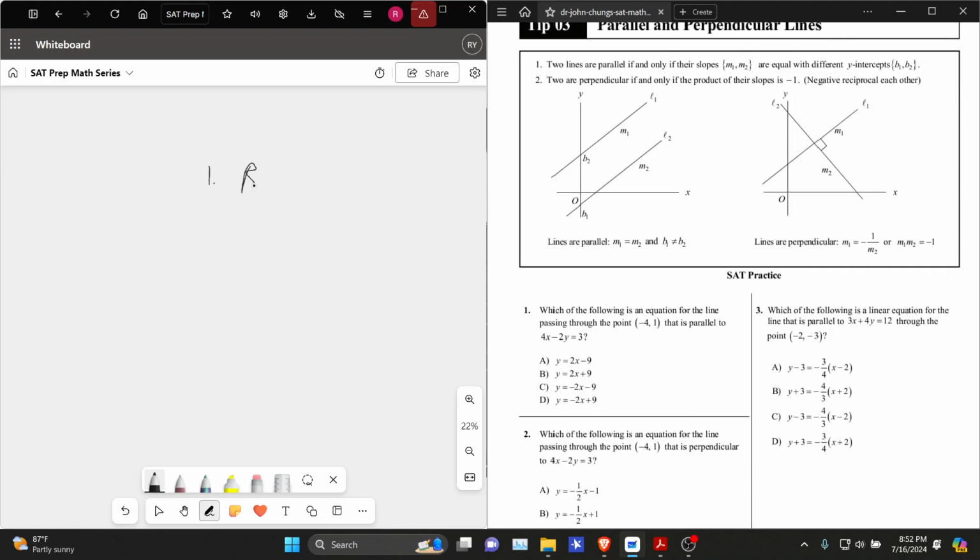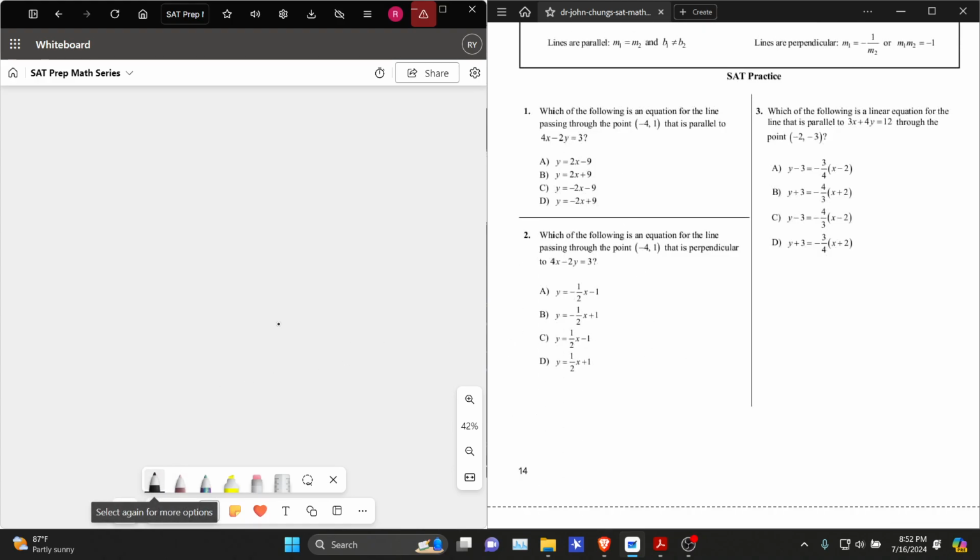Good. Let's move on to question 2. Which of the following is an equation for a line passing through the point (-4, 1) that is perpendicular to the line that we just found? We can do the same thing, since it's the same equation, and we did the work before.